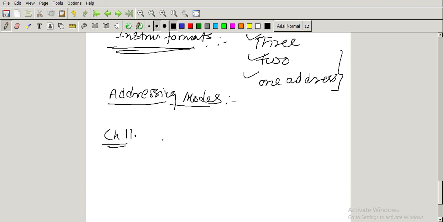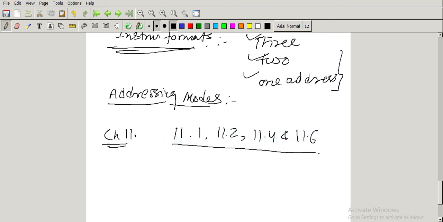So in chapter 11, this is basically input output organization, right? And in chapter 11 you have to study 11.1, 11.2, 11.4 and 11.6. This is your syllabus. But when we talk about the important topics, first of all is your explanation of the input and output interface, right?